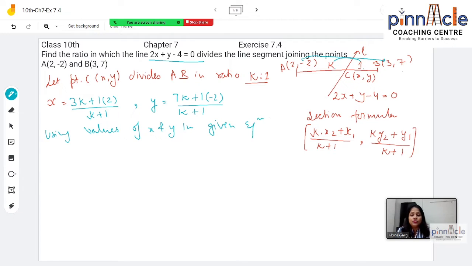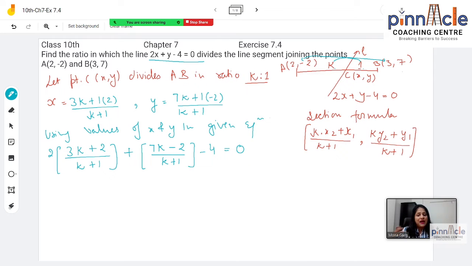Clear? Now what will I do, 2 within the bracket, in place of x we will put 3k plus 2 upon k plus 1. Then plus, in place of y what will I put, 7k 1 into -2 divided by k plus 1 and last term is -4 is equal to 0.